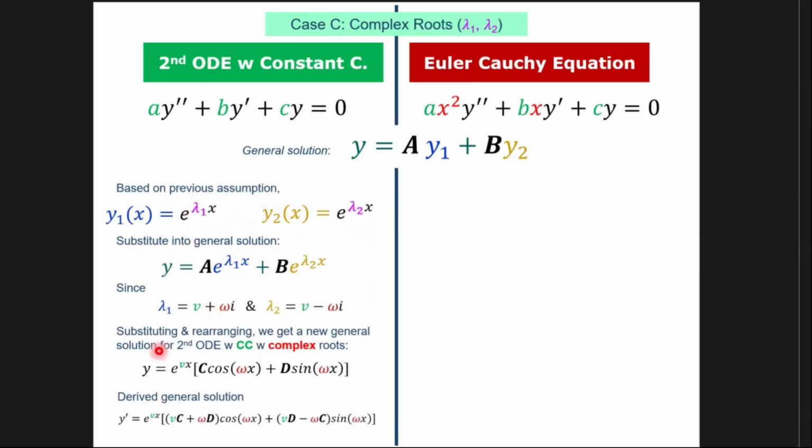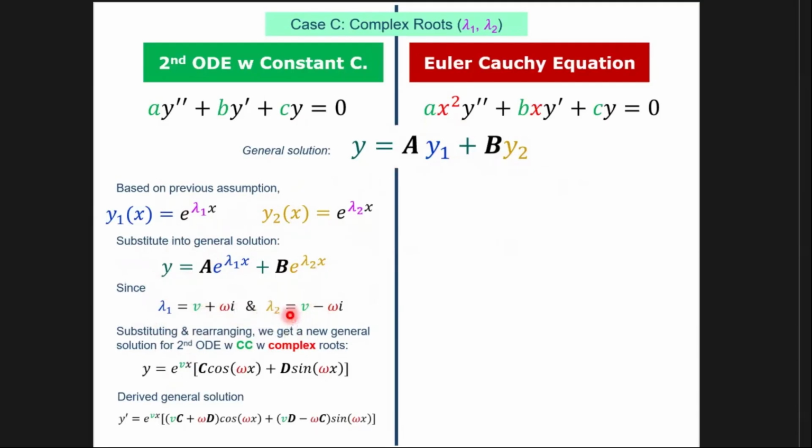So we substitute y1 and y2 into the general solution, and we get the same general solution as the first case, case A, but since lambda 1 is complex, there are two terms here, real and imaginary.